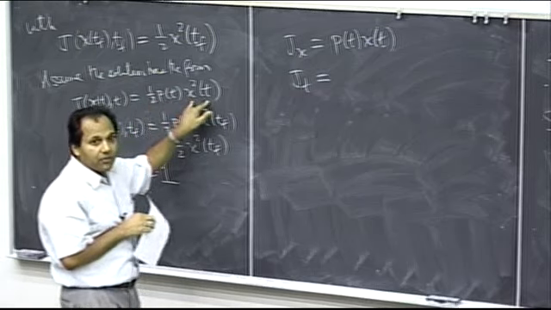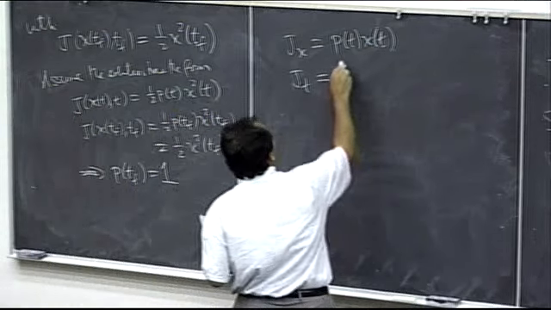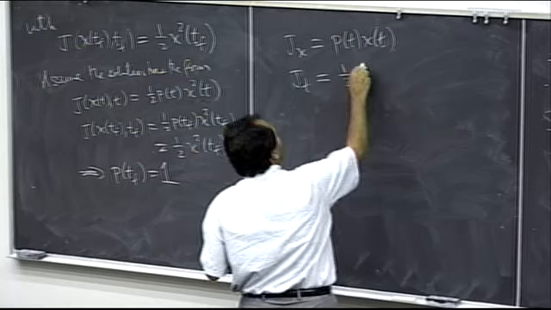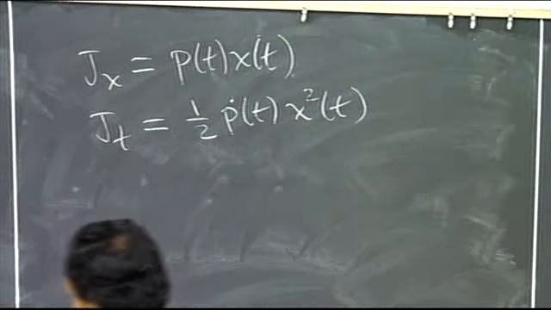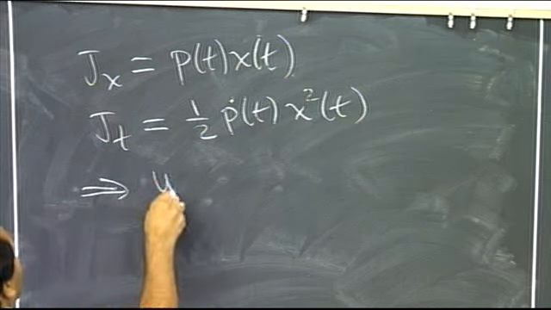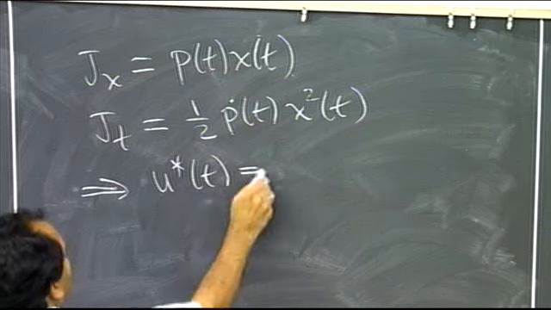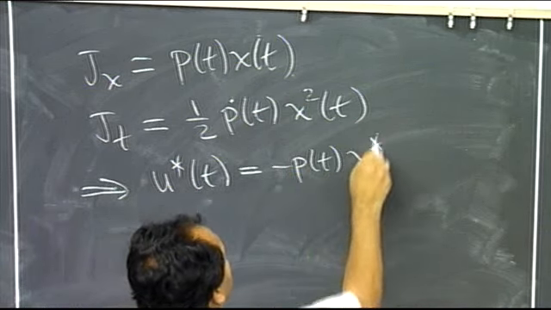This is the thing I'm solving for, so this is not the thing I'm taking the derivative with respect to. So what you get is 1/2 p dot of t times x squared of t. Now, if you substitute all those things in, you get that the optimal control is equal to minus p of t times the optimal state.